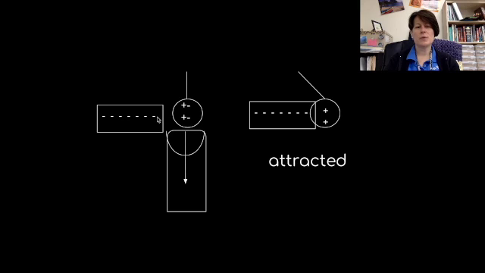And what happens is when I bring the rubber rod towards it, the positive charges tend to migrate towards the rubber rod, and the negative charges are repelled, so they go to the other side of the pith ball.